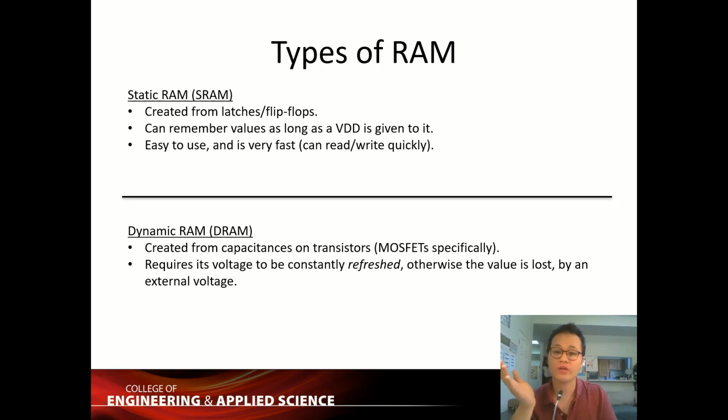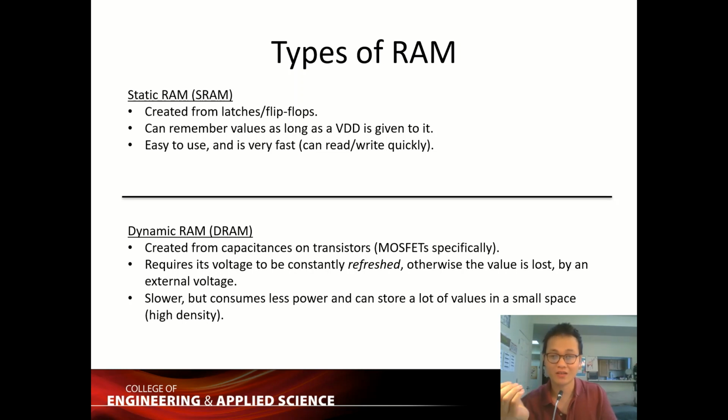I don't know if you did any experiment where a capacitor will constantly be discharged, right? So the key of dynamic RAM is, if you need to keep the high level of the capacitor high, you have to constantly charge it, otherwise it just drops down.